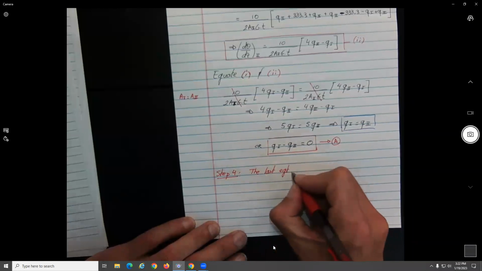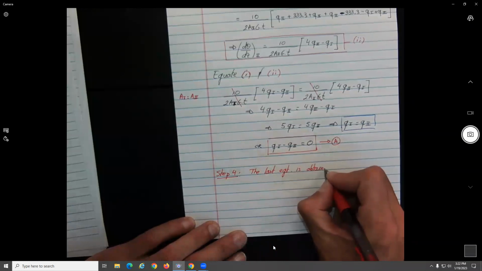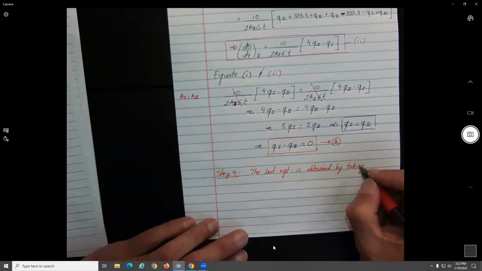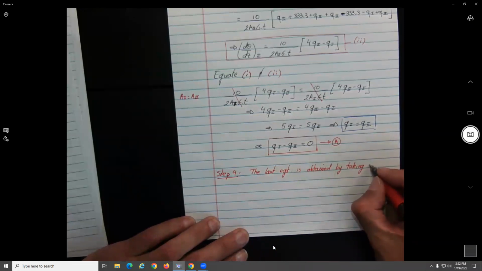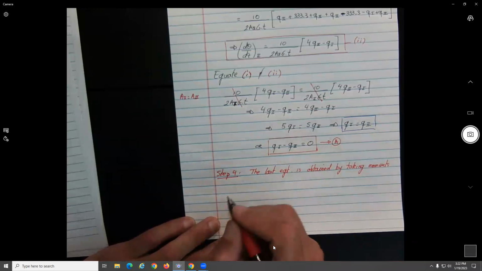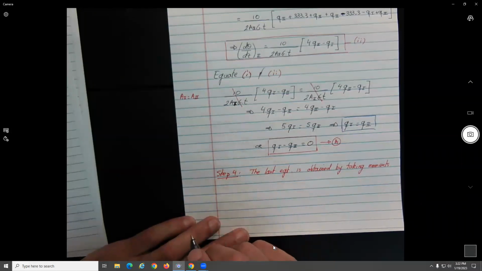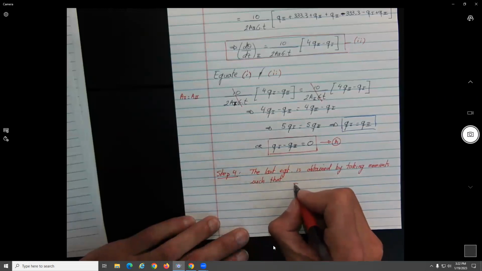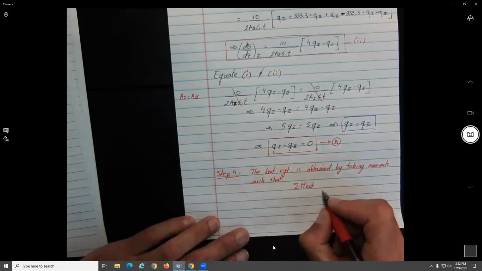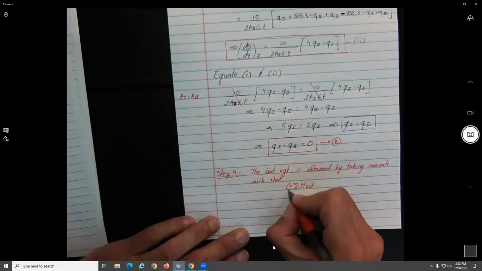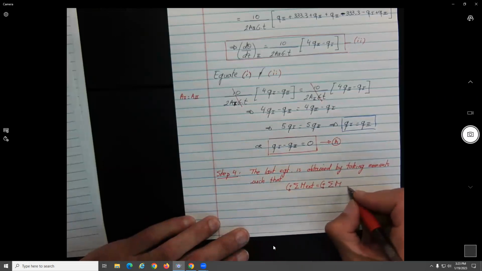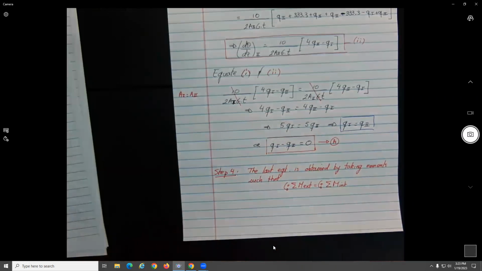The last equation is obtained by taking moments, such that the moment created by the external force, using counterclockwise, you can change the sign convention, will be equal to the moment created by the internal force.